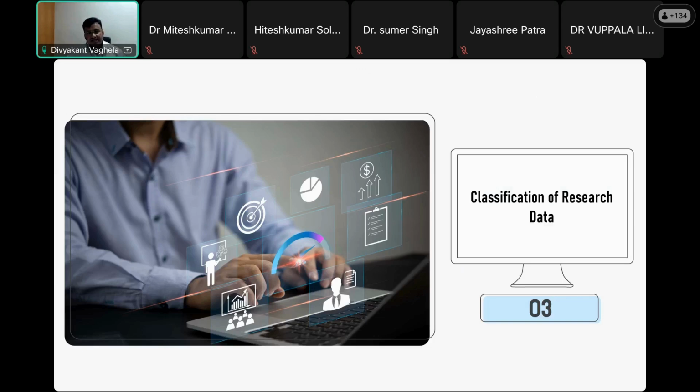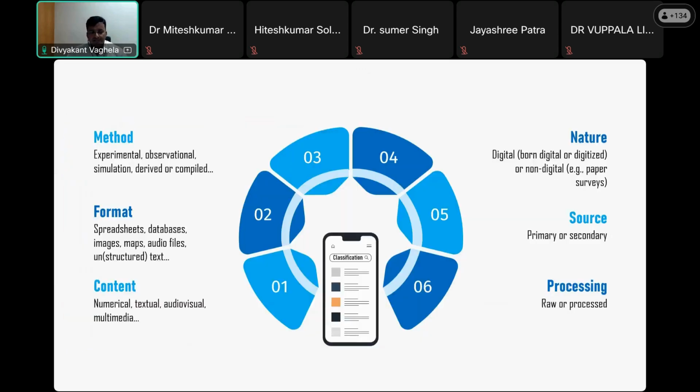Now coming to the classification of research data. Research data is classified into six major things. One is method, which we have already seen: data is generated through experimental, observational, simulation, derived or compiled methods. Then there are various formats in which the data is stored, like spreadsheets, databases, images, maps, audio files, structured and unstructured files.